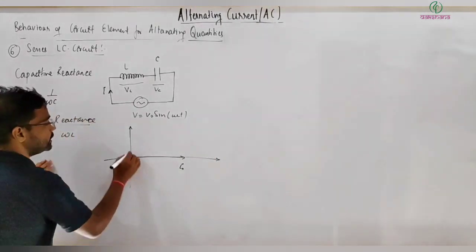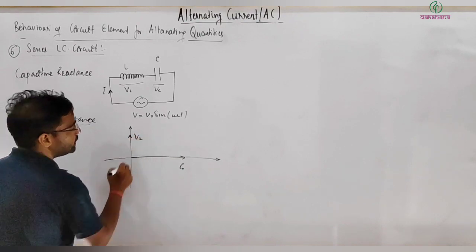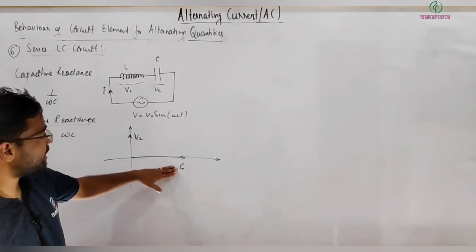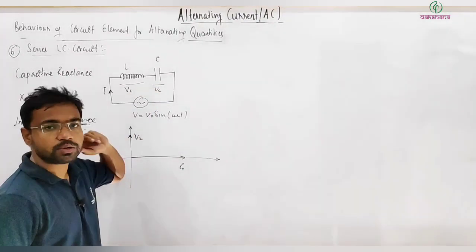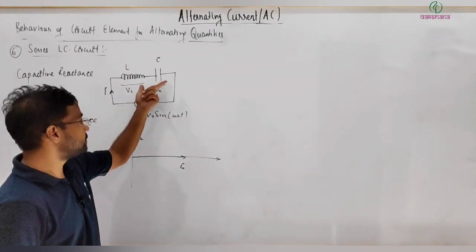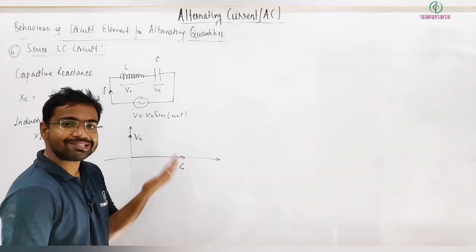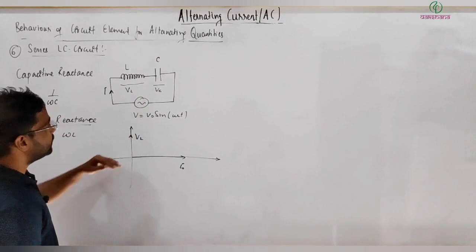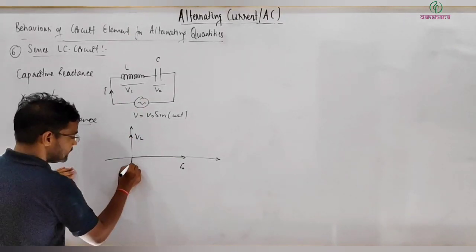So VL will be up, and the same current will be passing through the capacitor also. But the potential drop across the capacitor lags behind I, so this will be VC.